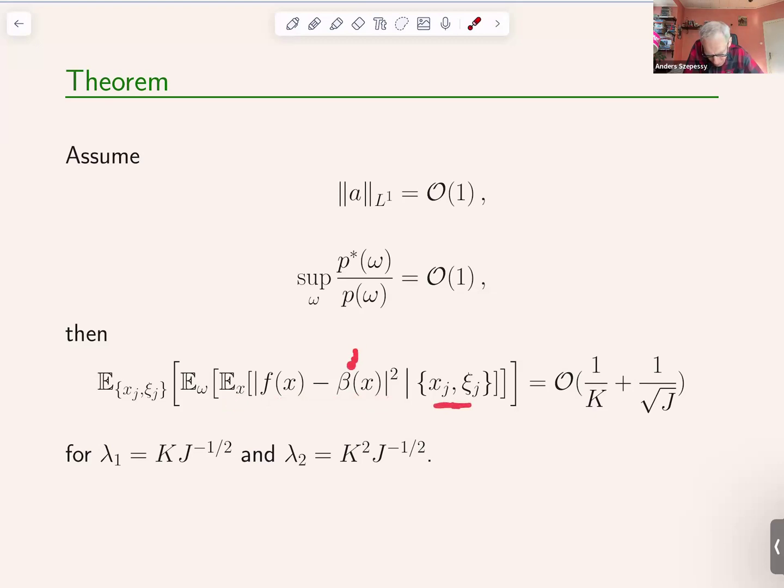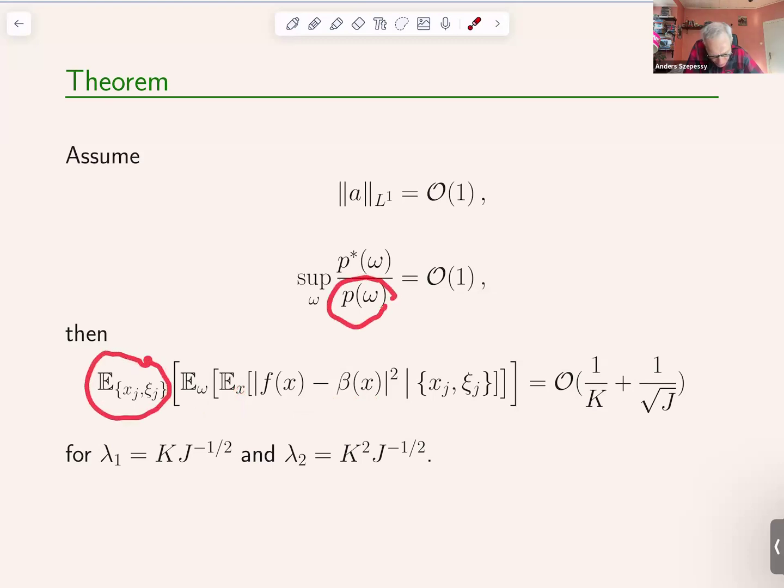So now we have a given neural network, given the data points, satisfying the training minimization. Then we take the expected value with respect to the data points X to evaluate how big the loss is, and the expected value with respect to all frequencies that we have sampled from P.